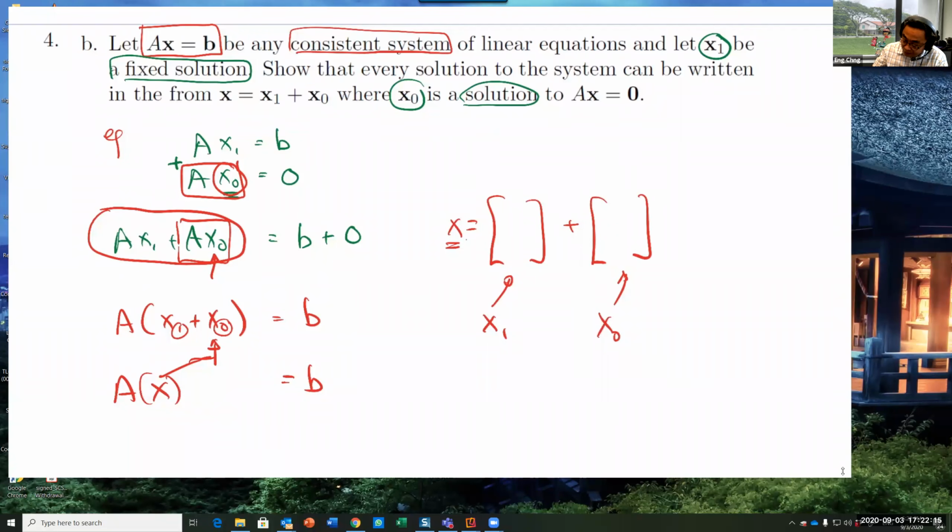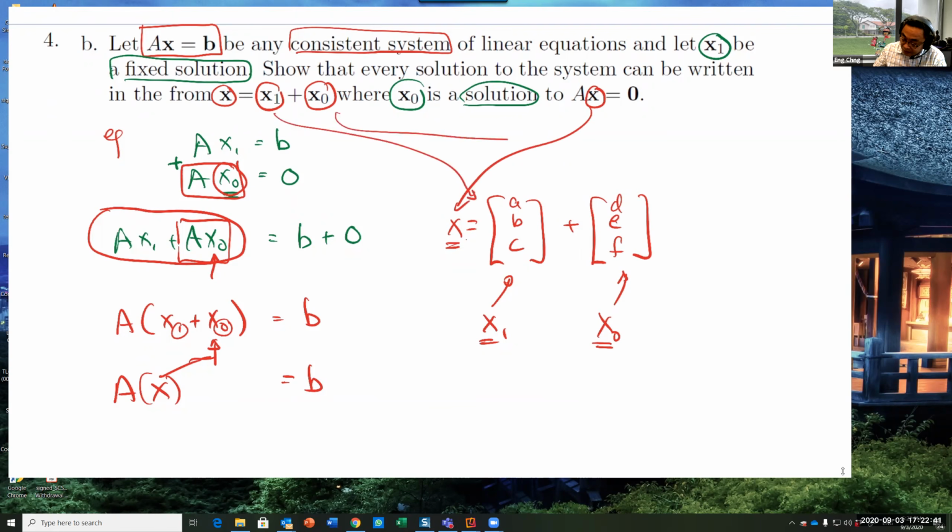So maybe if we have elements A, B, C, then let's say we call it D, E, F, then we can just add them up together. That's the idea. So these guys are vectors themselves. If you look carefully, the x's are in bold to tell us that it is a vector.